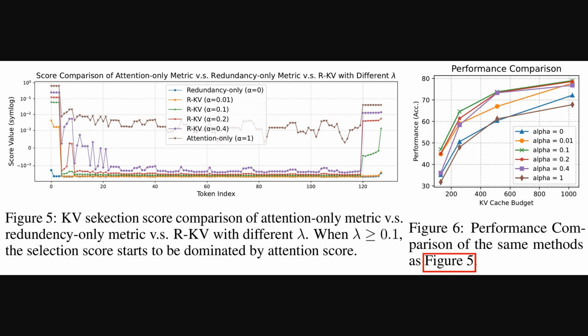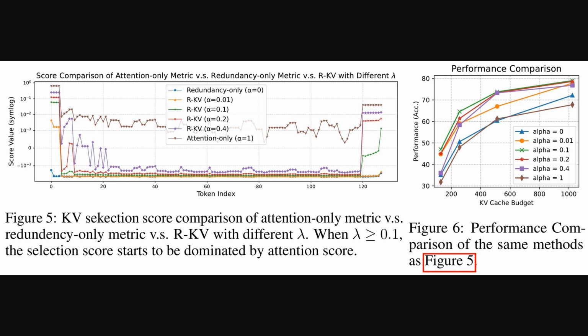Okay, so after seeing those big wins, you might be wondering how RKV gets that balance between redundancy and importance just right. These charts break that down. It all comes down to a key setting, a hyperparameter, that they call alpha. You can think of alpha as a knob that tunes how much the model cares about redundancy versus attention. On the left, you see the internal score for each token.